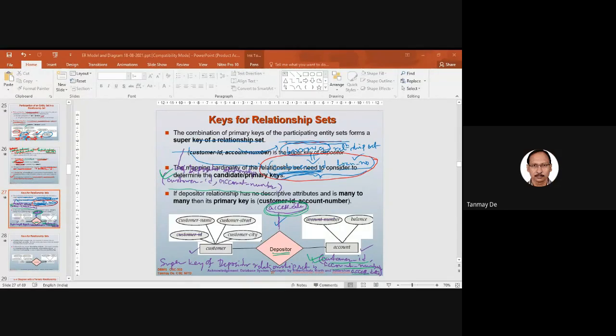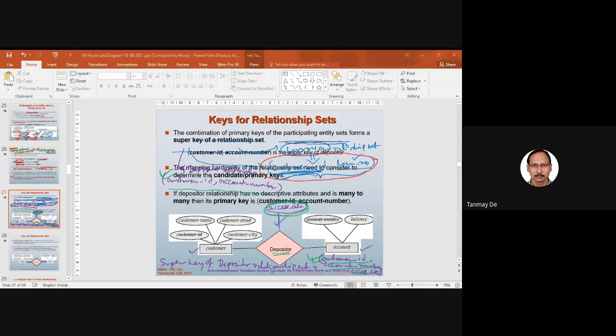When we choose the primary key, that depends on the mapping cardinality, that is, whether the relationship set is many to many, many to one, or one to one. In the previous example it is many to many: the customer side is many and, oh sorry, the account side is also many.